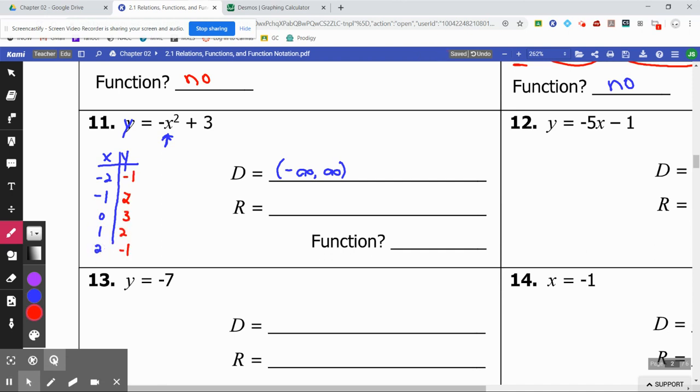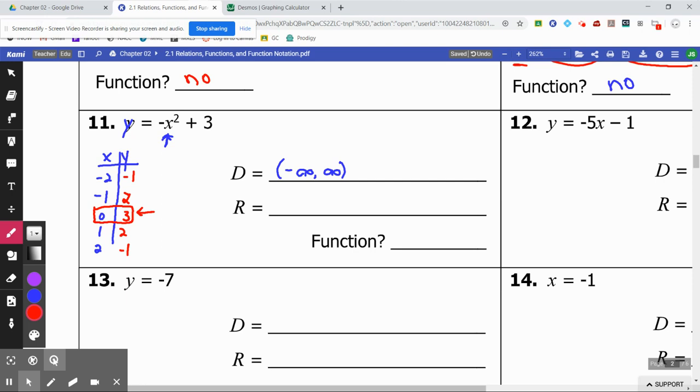And here's what you would get. I noticed something, that the values start repeating. And then something special happens here. Look at your y values. Your y values are -1 and then go up some more and then go up some more and then start going back down. You can plug in even more, and your y values never get above 3.